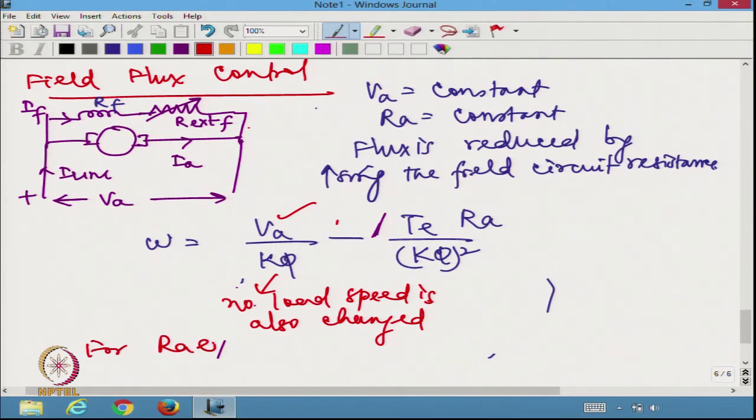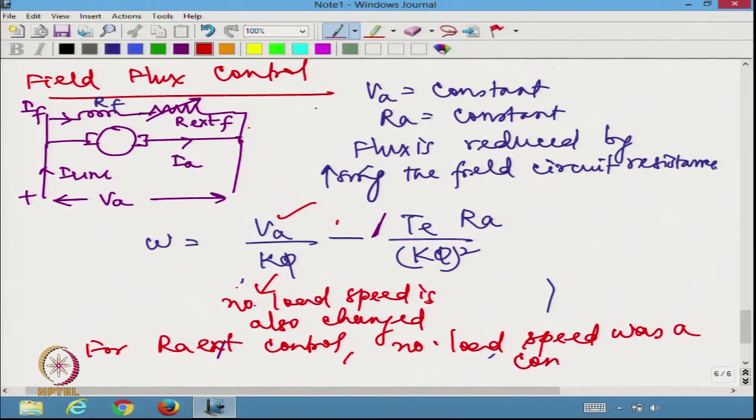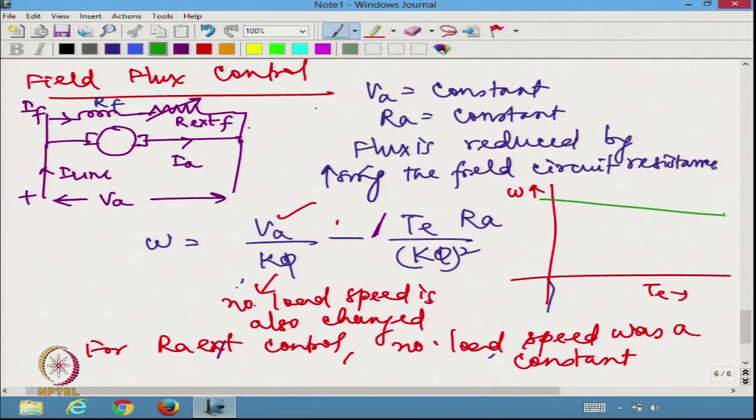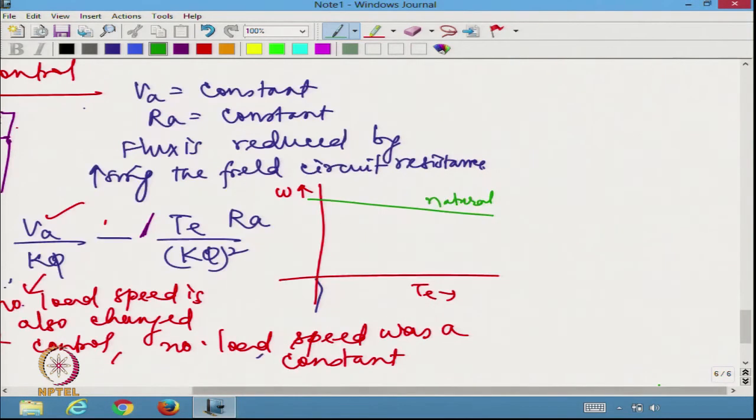So, for RA control, or armature resistance control, no load speed did not change, no load speed was a constant, right, it did not change. So, we could see that it was starting from the same point when we drew the characteristics, but here when we draw the characteristics, if I say this is omega and this is Te, maybe the original torque speed characteristics was like this. So, this is the natural torque speed characteristics.